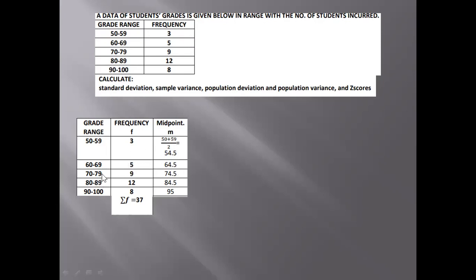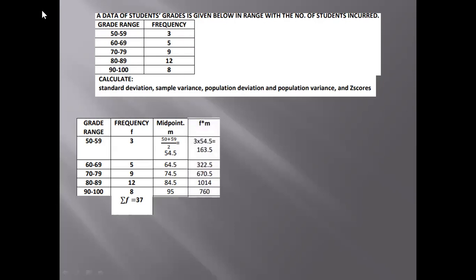For 70 to 79, 70 plus 79 all over 2 gives us 74.5. For 80 to 89, half of 80 plus 89 is 84.5. And half of 90 plus 100 is 95.